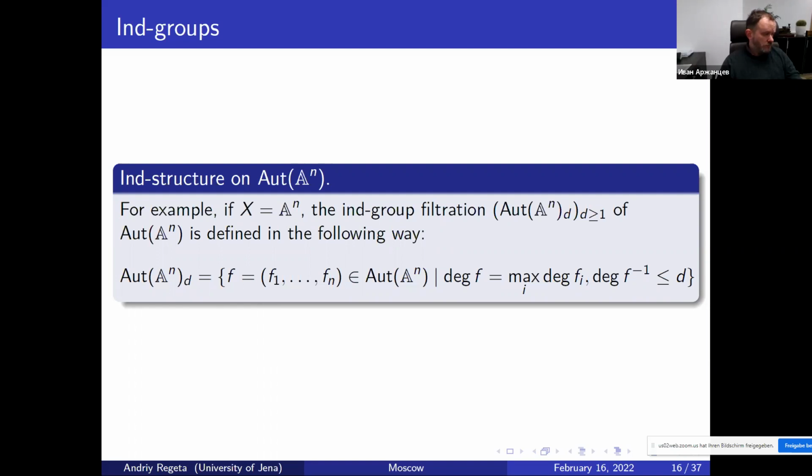It has a natural structure of an affine variety. And of course, Aut A^n is a union of these Aut(A^n, d). So Aut A^n is not an affine variety itself, but a union of affine varieties with certain properties. A similar trick can be done for any affine variety. So this basically brings us to the ind-group structure.